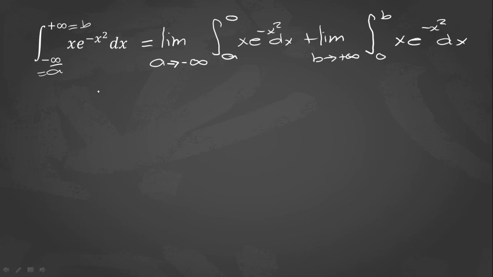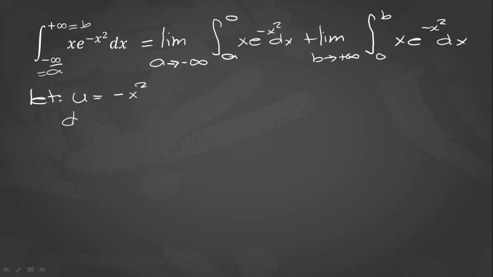Now this is a bit complicated, but notice that they have the same integral, so we must first evaluate the integral. So evaluating first our integral, applying integration by substitution, we let u be equal to negative x squared.